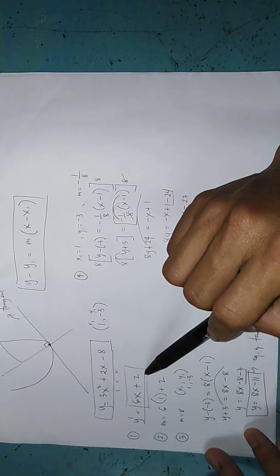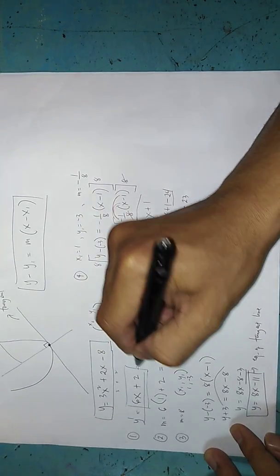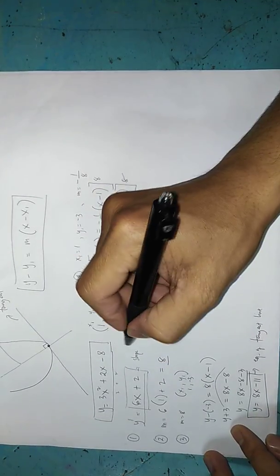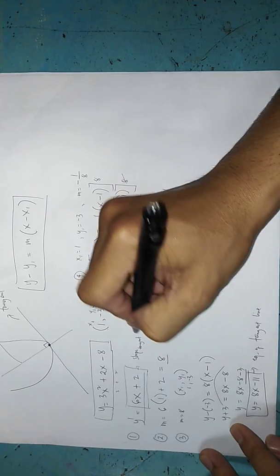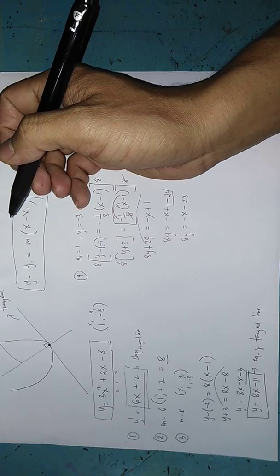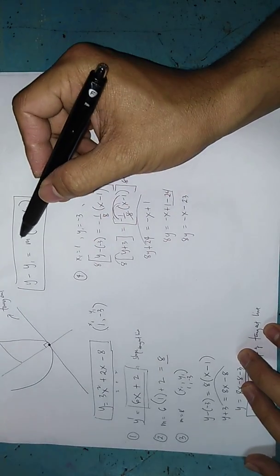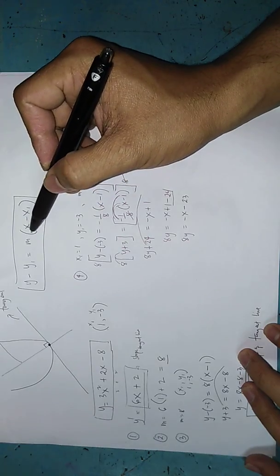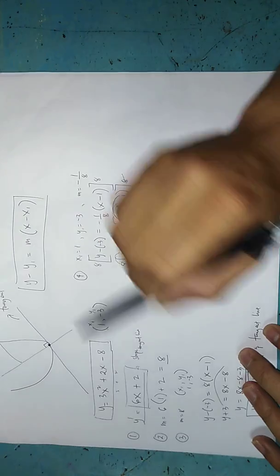Now, paano kunin yung final answer? 6x plus 2 is yan yung slope ng tangent line. Right? Hindi pa yan yung equation. Yan pa lang yung slope niya. Pero dito, ang hinahanap na m is numerical dapat. Hindi naman to numerical. So, how are we going to solve for the numerical slope?